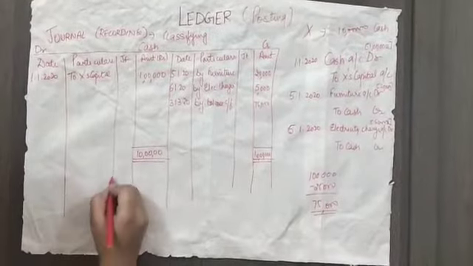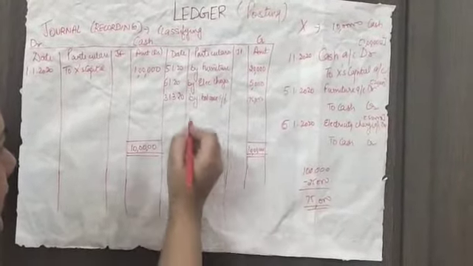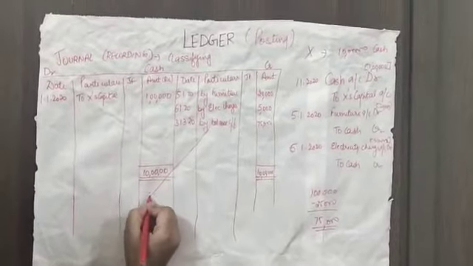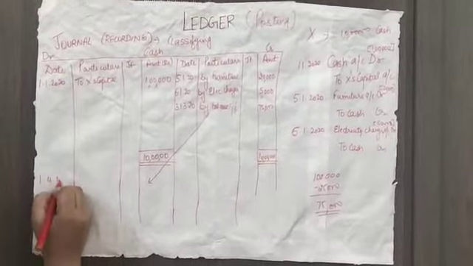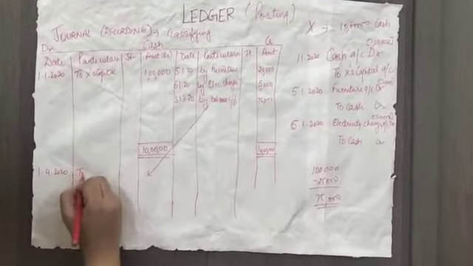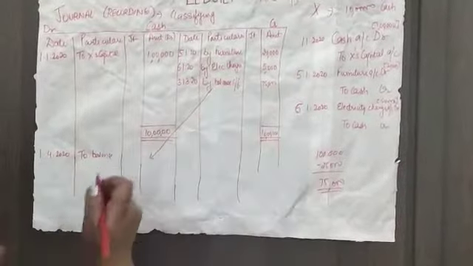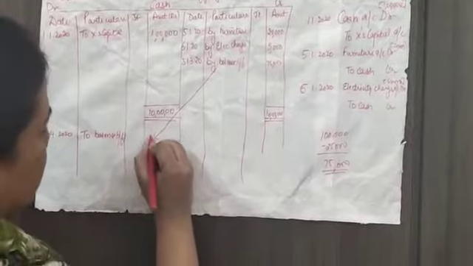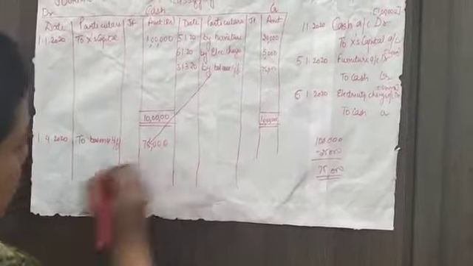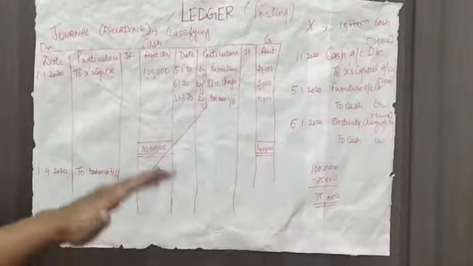On 1st April 2020, we will open the account here. We will say 1st April 2020 to balance, that was carried forward. So we have brought forward. How much? 75,000.